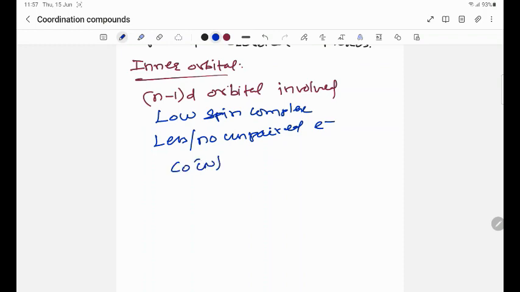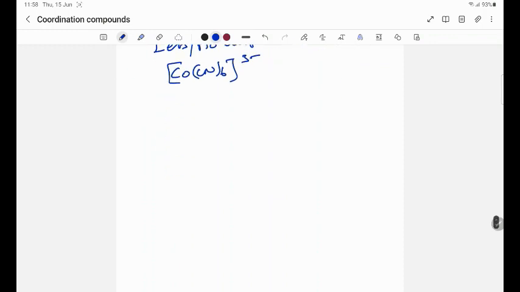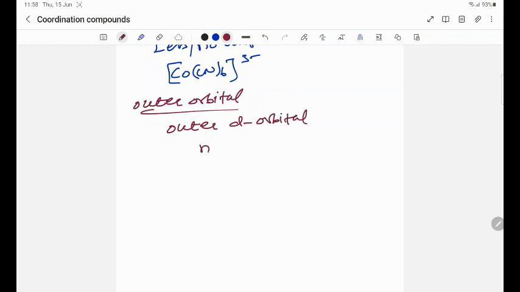Example, [Co(CN)6]3-. Next, outer orbital complex. What are outer orbital complexes? It involves outer d orbital, that means nd orbitals are involved.